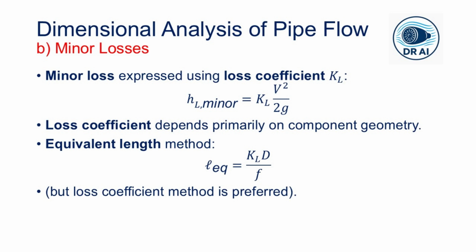For most practical applications, especially at high Reynolds number, the flow through these components is dominated by inertia, not viscosity. This means the loss coefficient is primarily a function of the component's geometry only and is independent of the Reynolds number. So this simplifies things enormously.